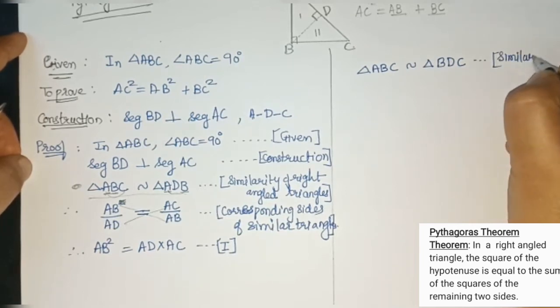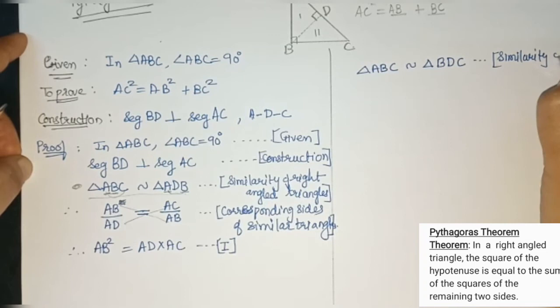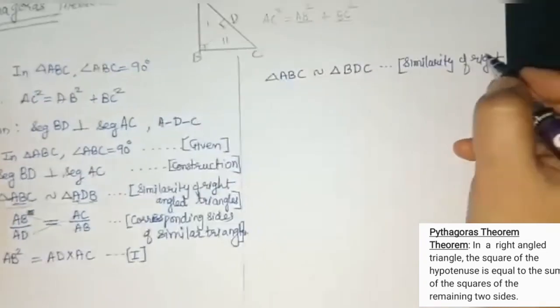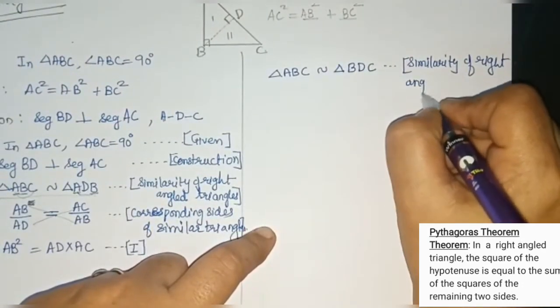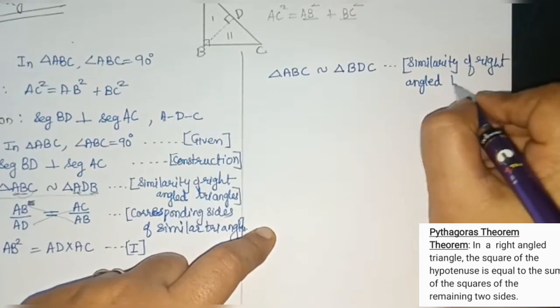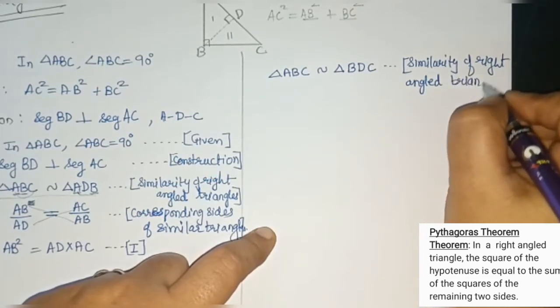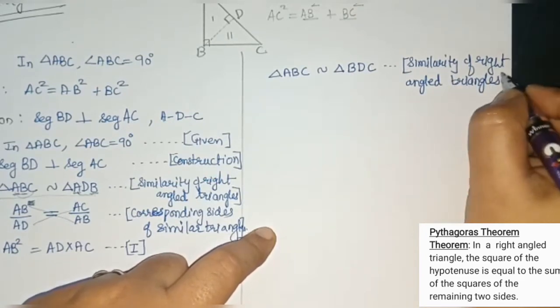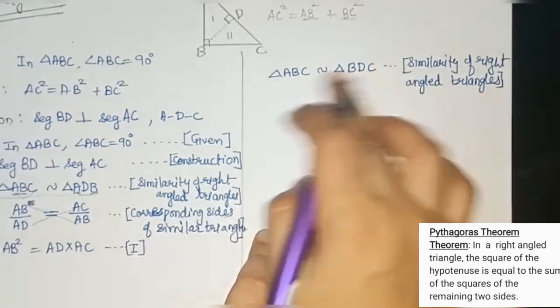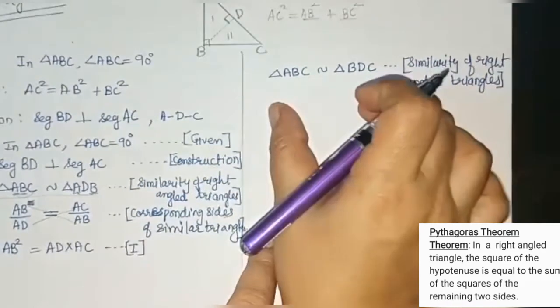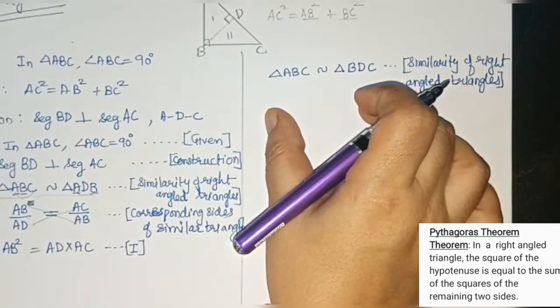similarity of right angled triangles. Now, since these two triangles are similar, we will have to write the ratio of corresponding sides.